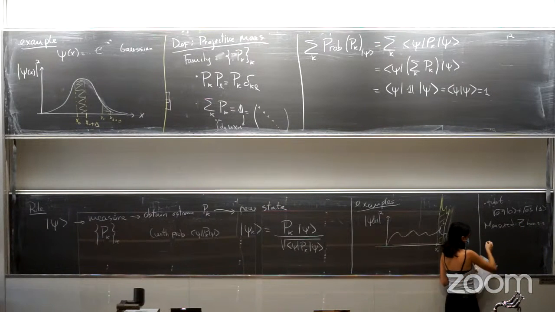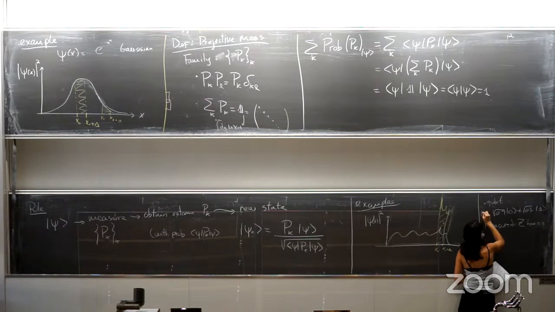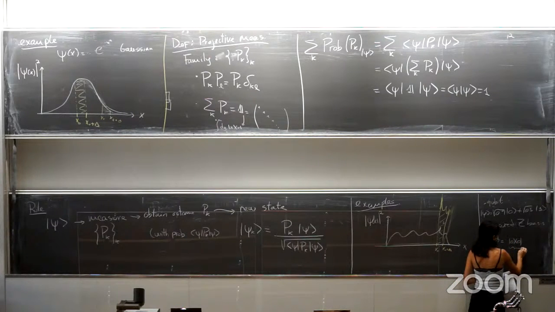So what is the state it goes to when you get outcome 0? Call it phi 0. Well, then this is the projector. What's the projector here? It's just |0><0|.